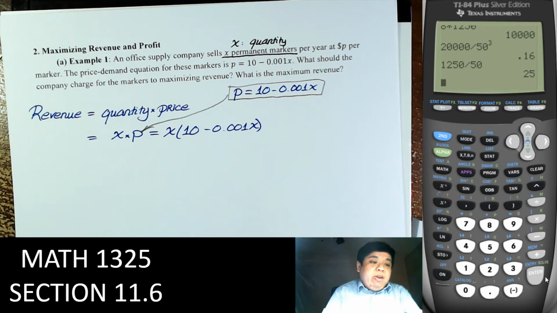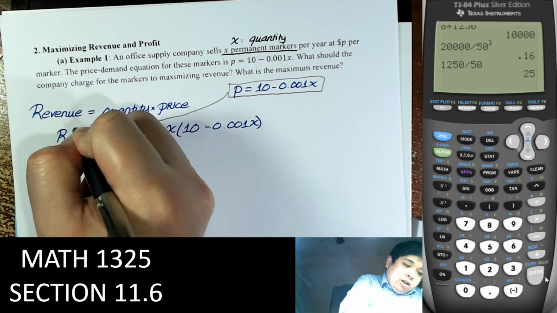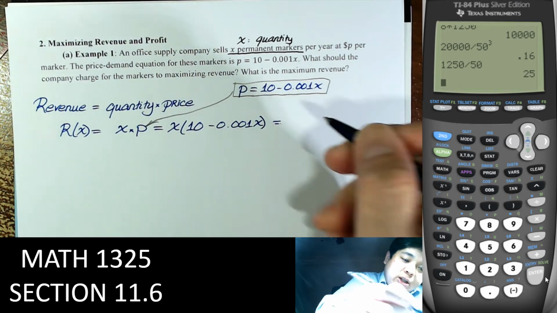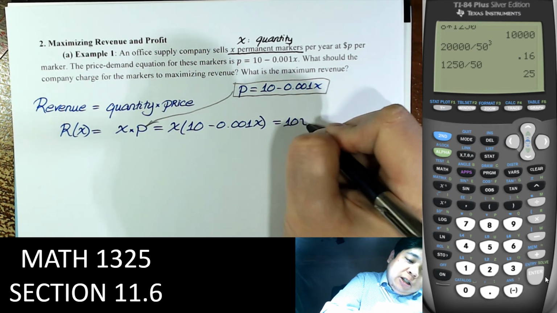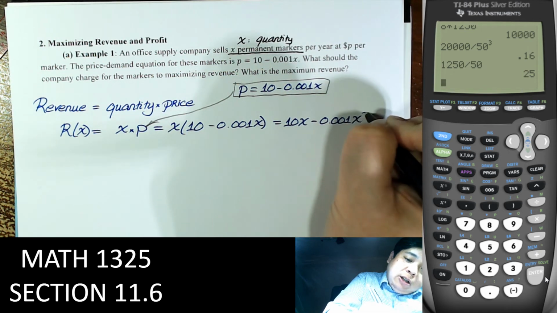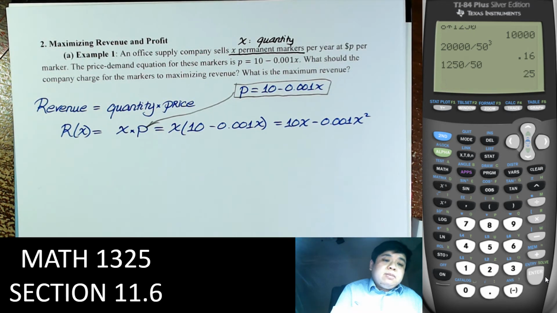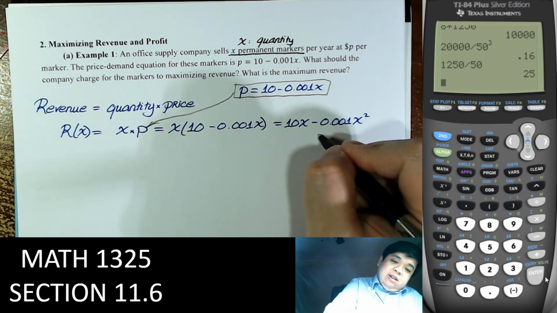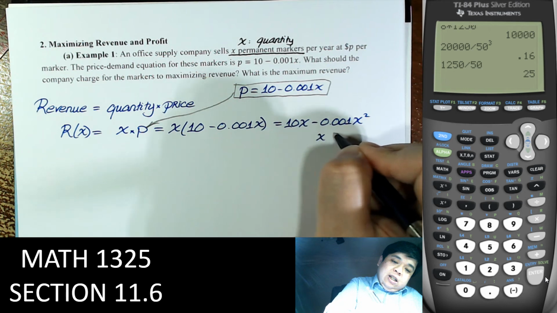So that is the revenue. Let's say that is the function of X. Multiply them out. 10x minus 0.001 x squared. Right, from this one, x is the quantity, cannot be negative. So that's all we have.